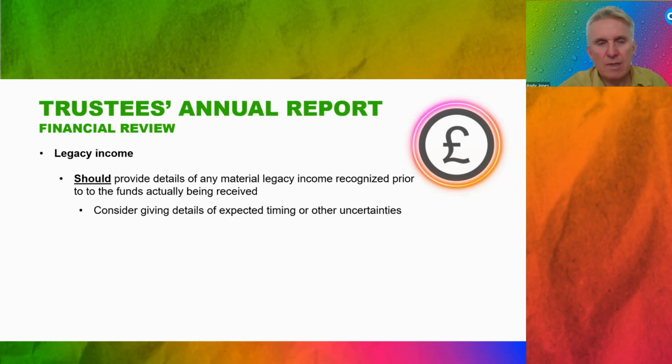Now, it is a should, so it's a kind of encouraged disclosure. But I think it's important for the readers of the accounts, those stakeholders, and just being able to again provide that linkage of the narrative of your report back to the numbers, and also to consider giving details of the expected timing or other uncertainties.